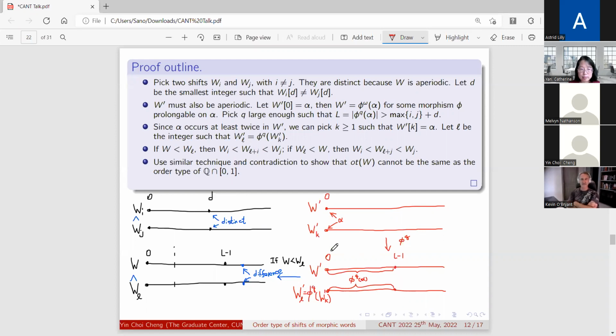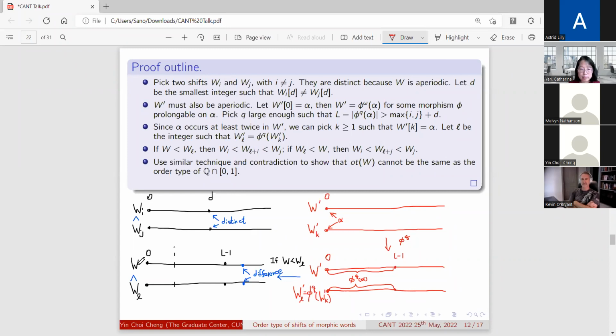And now when we go back to the image W, there are 2 cases to consider. The first case, if W is less than the L shift of W. In this case, the difference first occurred outside of the first L letters.